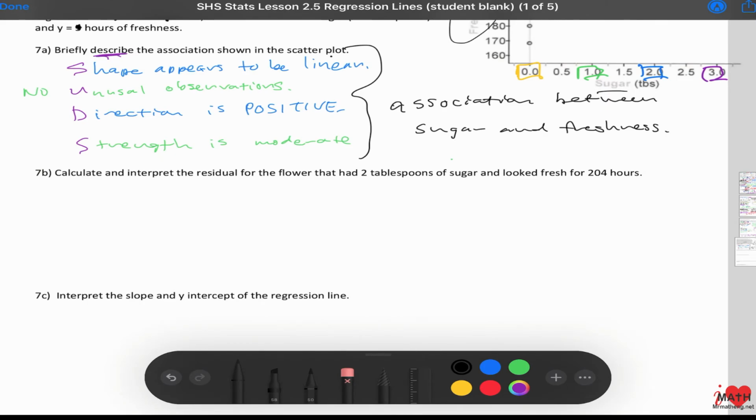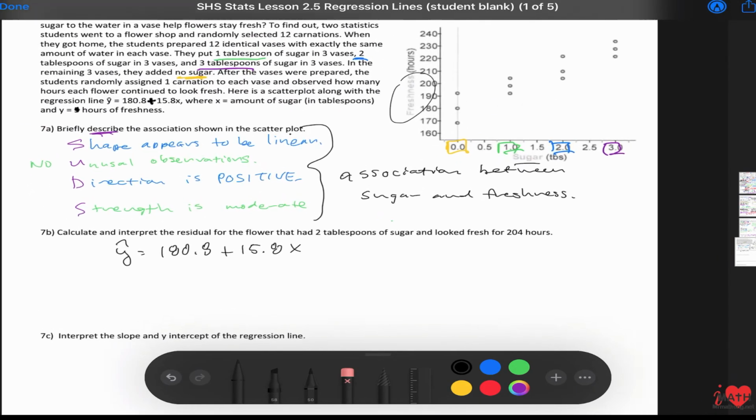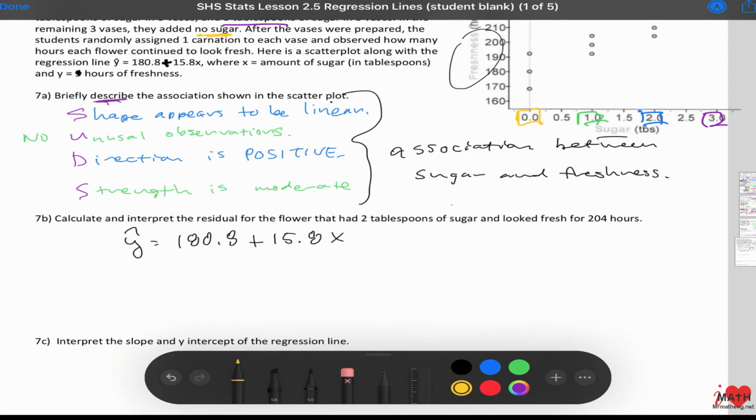B, calculate and interpret the residual for the flower that had 2 tablespoons of sugar and looked fresh for 204 hours. So let's write down our formula. Y hat equals 180.8 plus 15.8x. Remember, x is the amount of sugar.